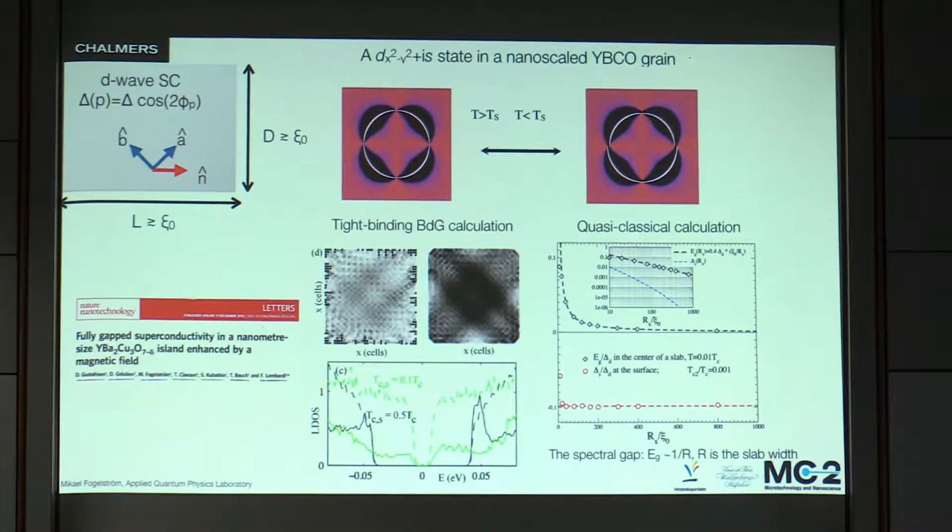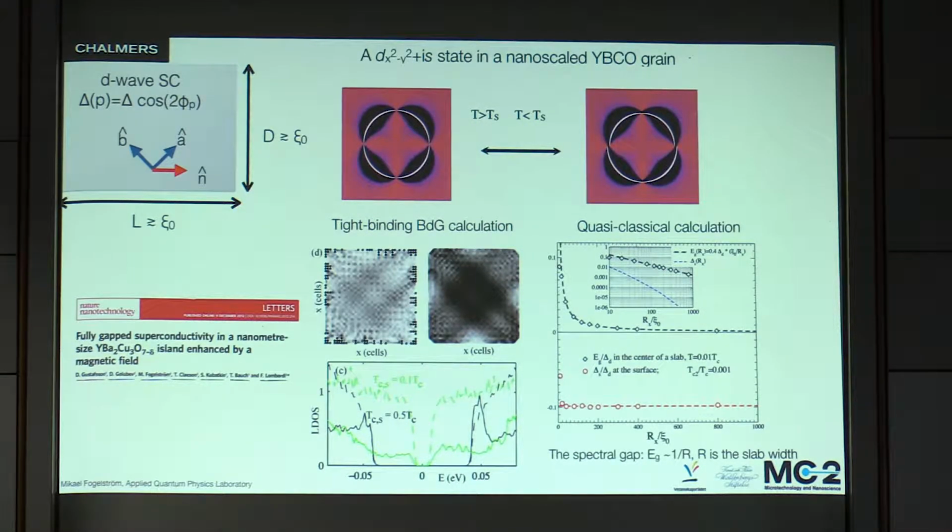You can do calculations just with a microscopic tight binding, or with quasi-classics. What you find is that the proximity tail into, let's call it the grain of the D-wave, actually is gapped. And the energy gap goes like 1 over R. So you quickly gap quite large islands like that.